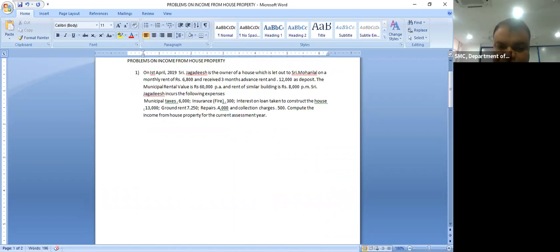You have to do everything in the working notes. So, working notes here. Here the first calculation is of GAV, that is gross annual value. GAV means gross annual value.